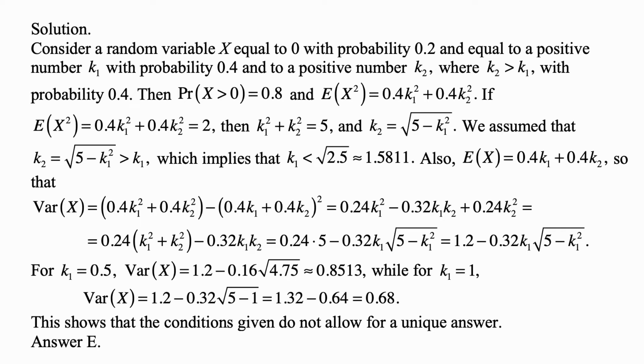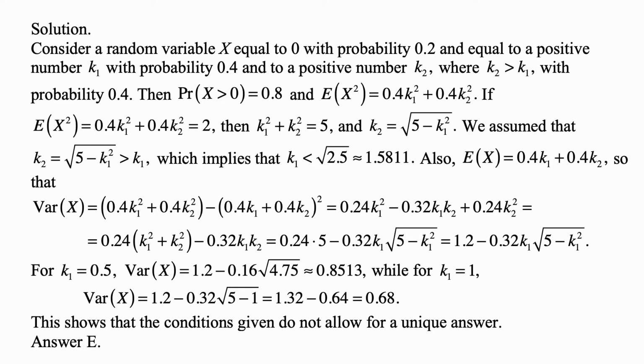We assumed that k2 is more than k1, and this implies that k1 is less than square root of 2.5, which is approximately 1.5811. Also, the mean of x is 0.4 k1 plus 0.4 k2, because the value of 0 does not affect the mean.